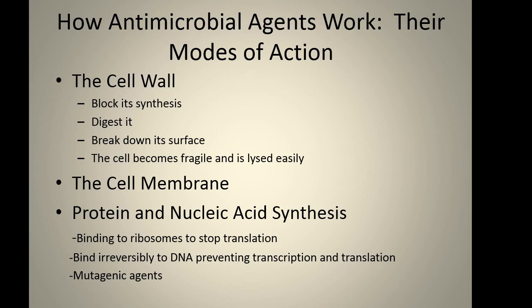Then it takes action on the cell membrane, protein and nucleic acid synthesis. So if you can't synthesize proteins, if you're a human, you do what? What happens when you can't synthesize proteins, when you don't have ribosomes?